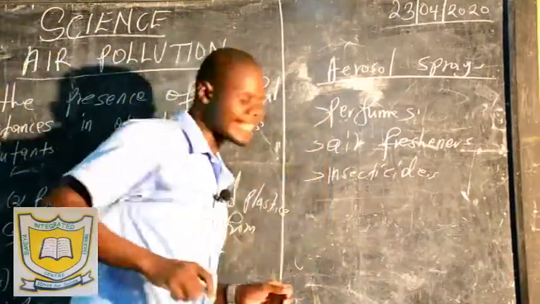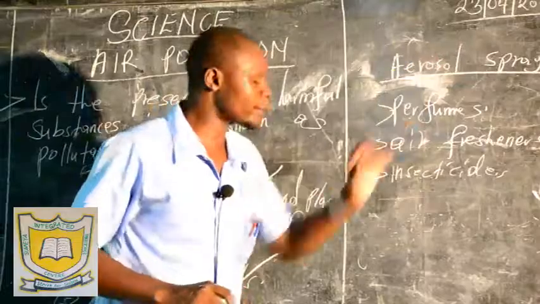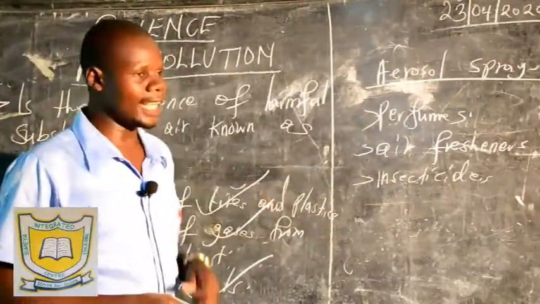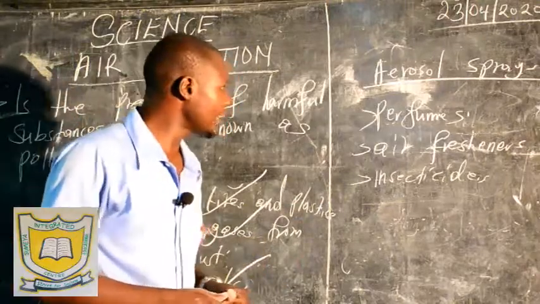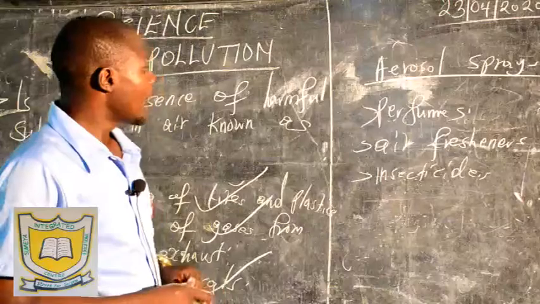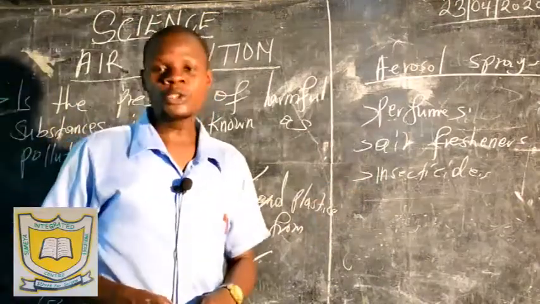These are 3 examples of aerosol sprays. They are put in containers and then sprayed in the form of mist. Now, these also pollute the air.